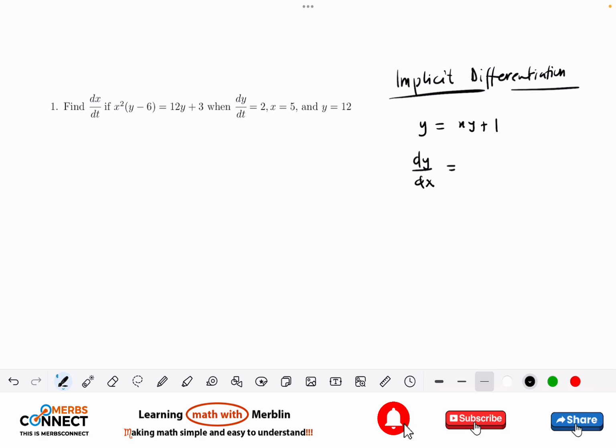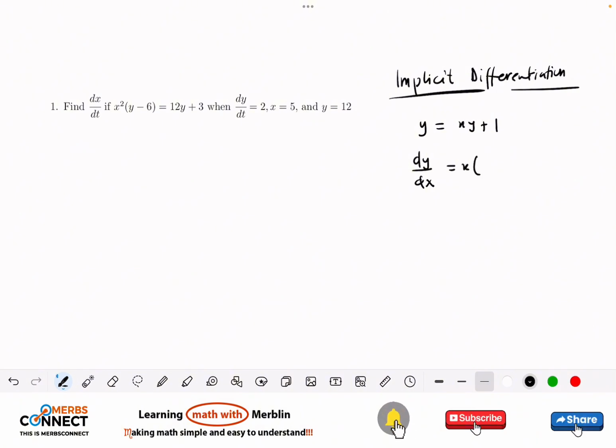The product rule says that when I maintain one of the functions, I differentiate the other one, and then I maintain the one that I differentiated and differentiate the one that I maintained. So when I maintain x, I differentiate y.